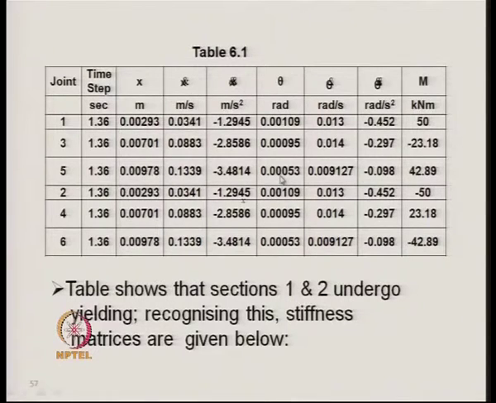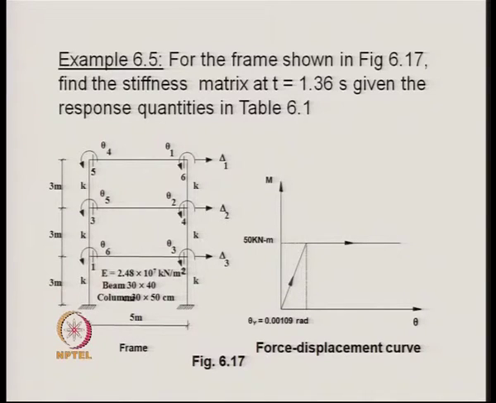These rotations are 0.00109, 0.0095 and 0.0053. So, these are the rotations, and we can see that at joint 1 the rotation is maximum, that is at this section over here the rotation is maximum, that is in the bottom column or bottom beam.